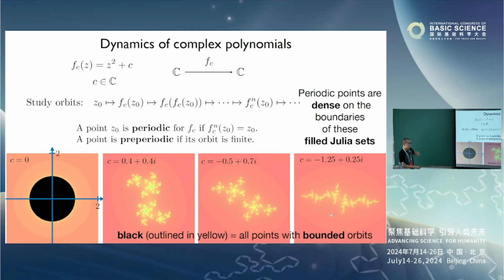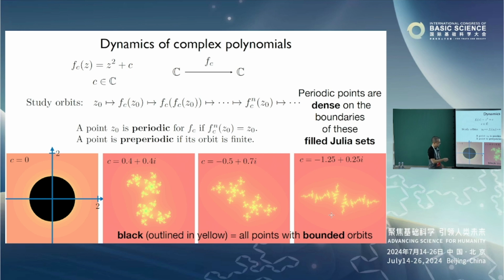But you can imagine that, for example, in Z squared plus C, if the C is outside the Mandelbrot set, the Julia set shouldn't be very complicated. When does it become disconnected, you asked?